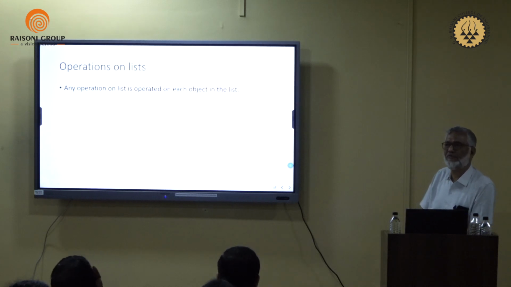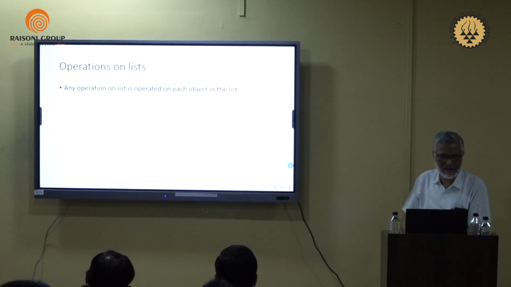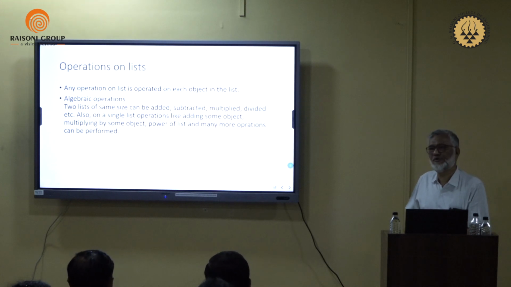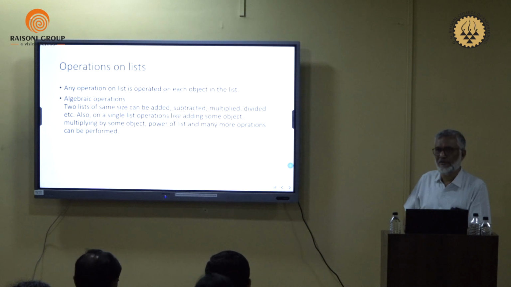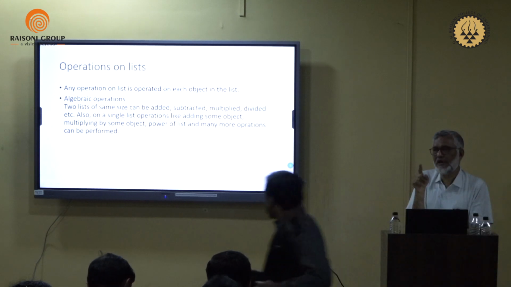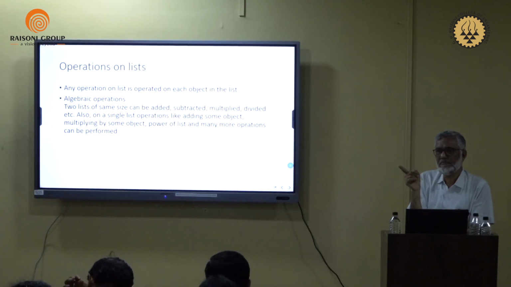Now we can have many operations on the list. For example, algebraic operations like addition. If you have two lists of the same size, then they can be added. By the way, a list can be used for vectors also. In a three-dimensional vector, there are three elements, right? So you can enclose them in a pair of curly brackets, and you get that vector.